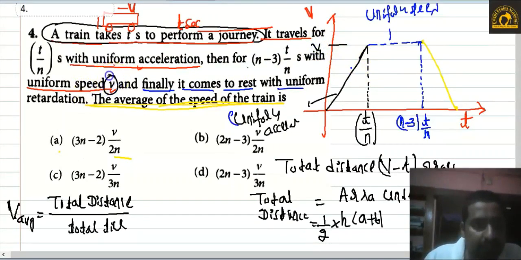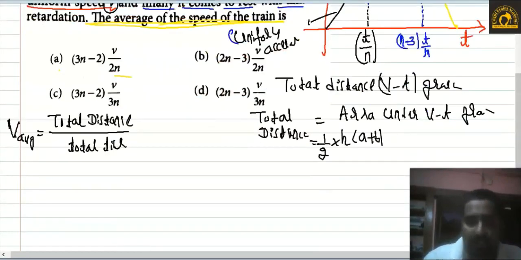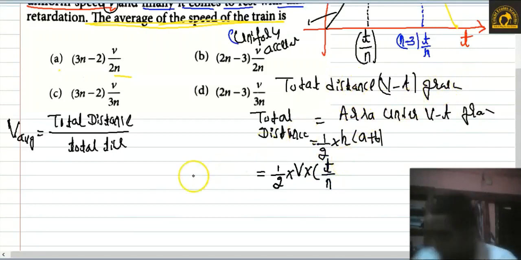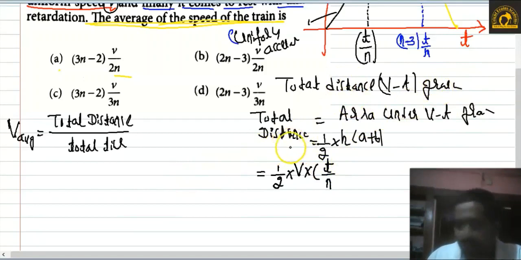This is given, uniform speed v. So the height is equal to v, and the area is half into v into (a plus b), where one side is t by n. The total journey is t.